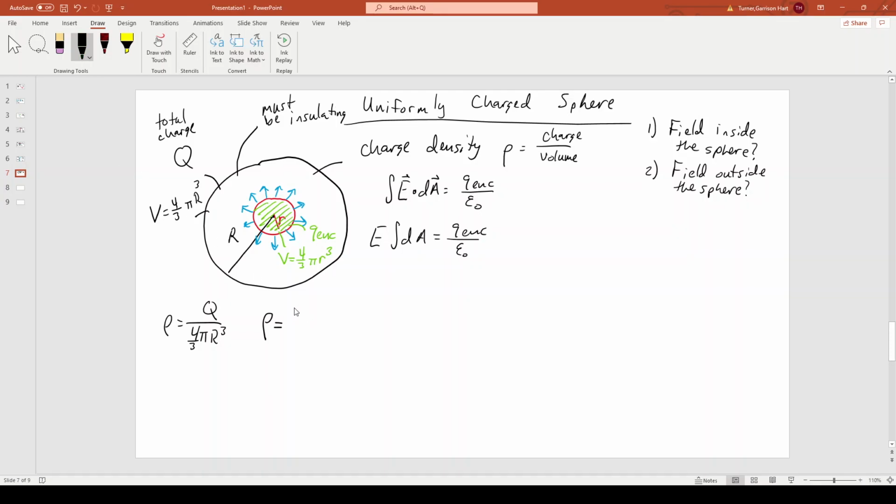So rho is going to equal Q enclosed divided by 4/3 pi little r cubed. And the charge density is constant, so both of these rhos are equal. So what I can do is set both of these equal to each other and solve for Q enclosed.